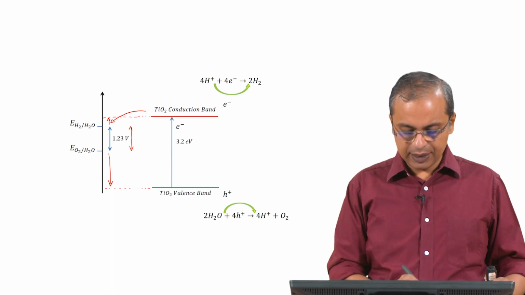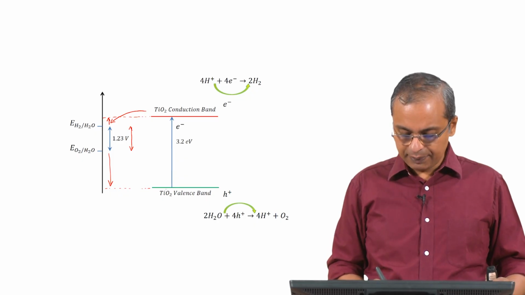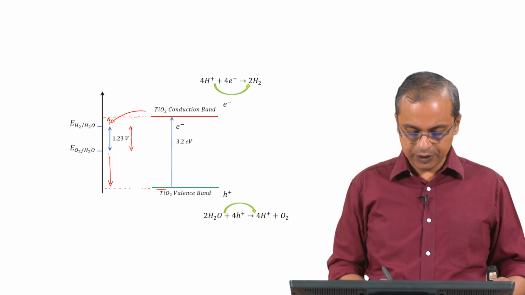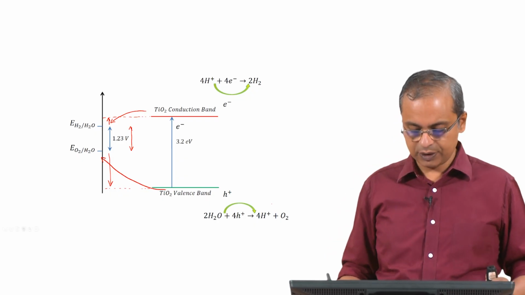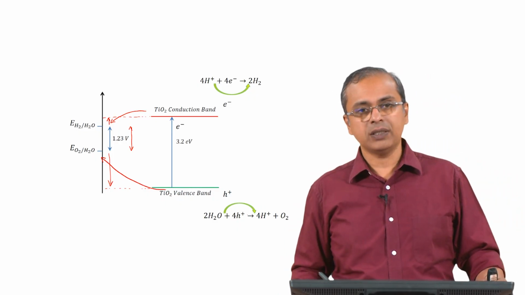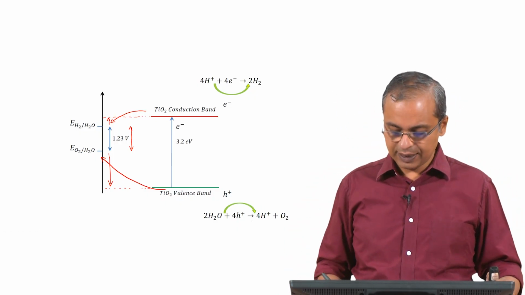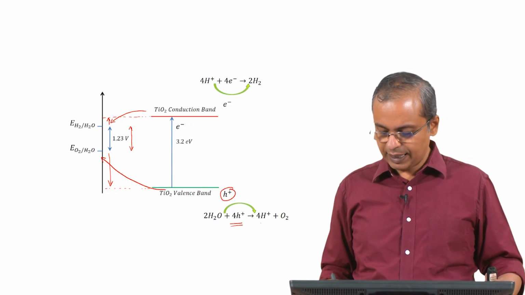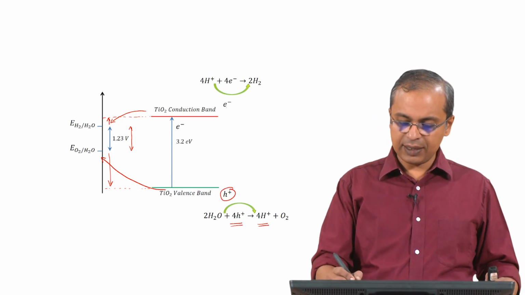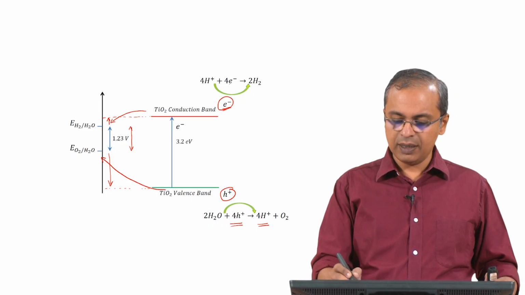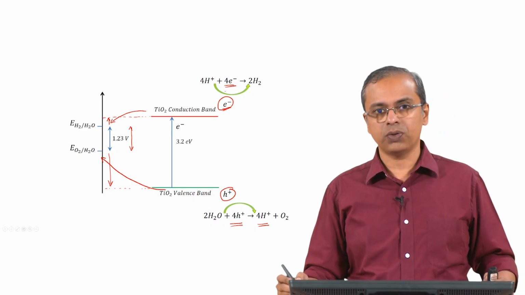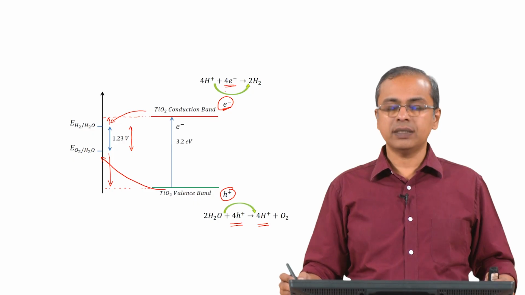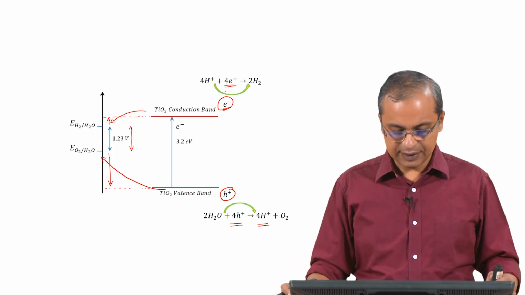Here you will also have the oxidation, and therefore the holes from here will be in a position to participate in the oxidation process. Okay, so that is how the energy of this system is set up, and that is what you see here. This hole reacts with the water and generates the protons, and that electron which is sitting here reacts with the protons and generates hydrogen. So that is how these relative energy levels are set up.